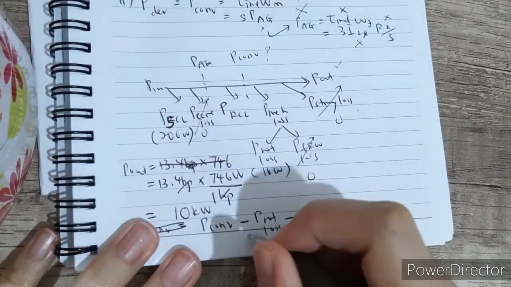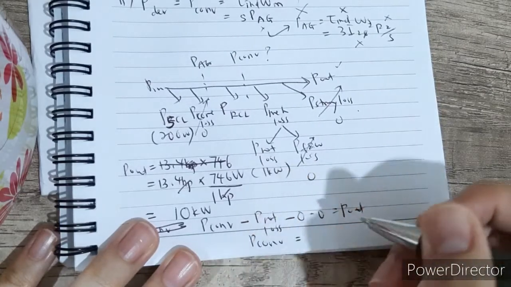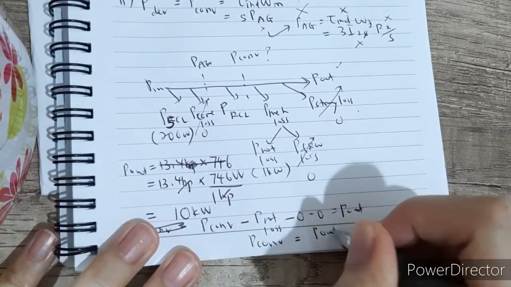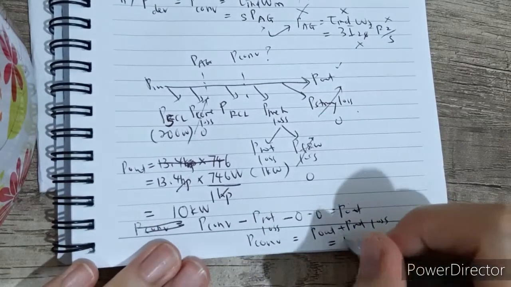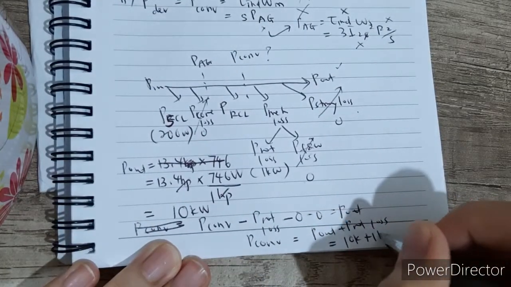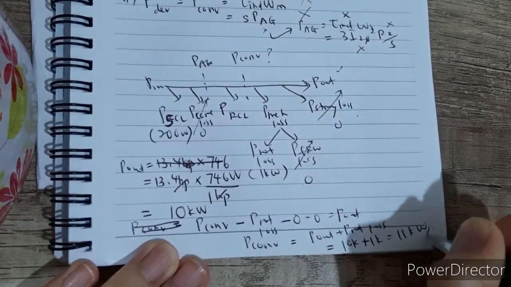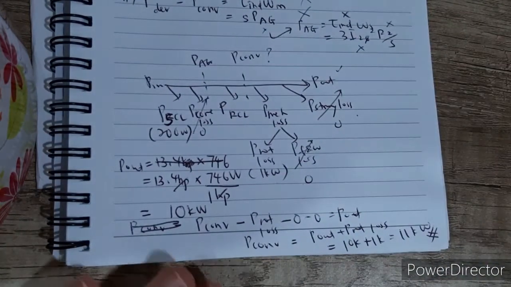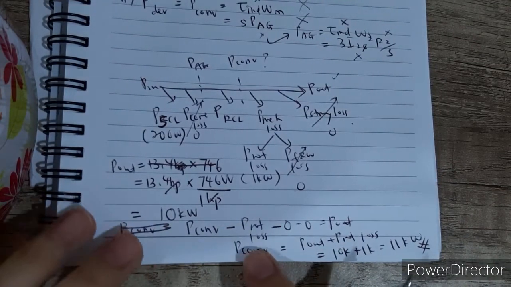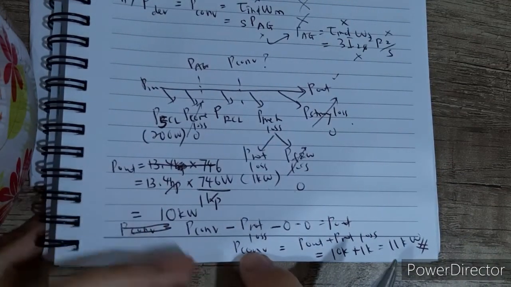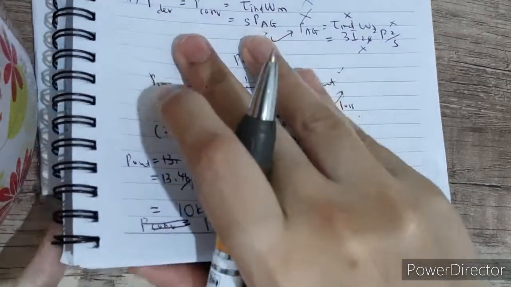Therefore, P converted equals P out plus P rotational loss, that is 10K plus 1K, that is 11 kilowatt. So that's done for your P converted, or mechanical developed power. Okay, moving on.